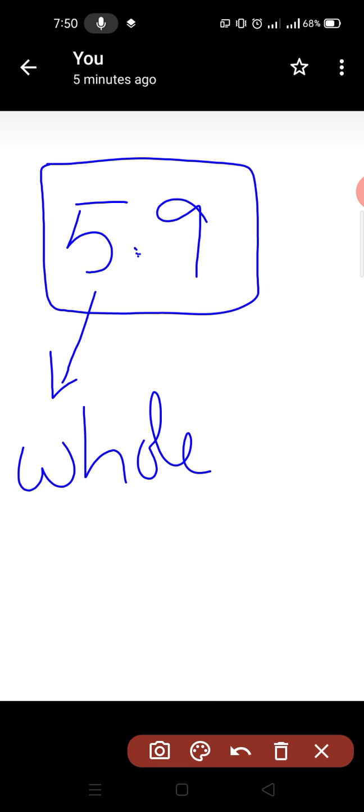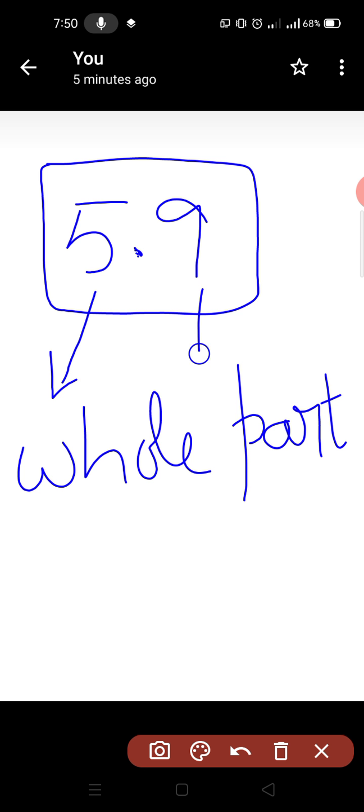Here we have two parts for the decimal number. The first, before the decimal point or left side of the decimal point, is called the whole part. And after the decimal point or right side of the decimal point is called the fractional part or decimal part.